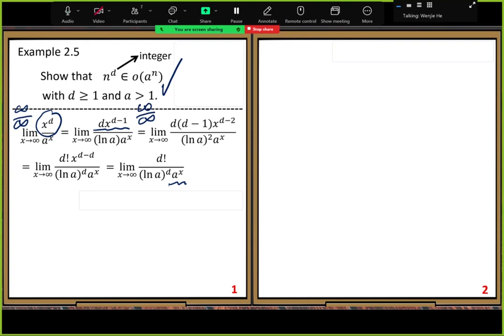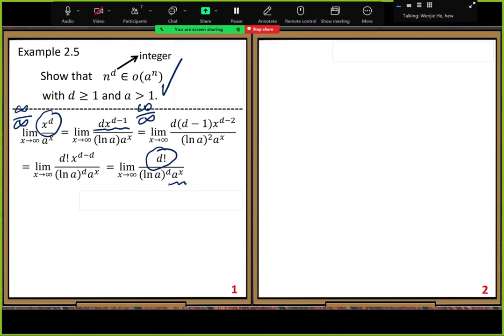But when we do that extension, there is a technical problem. Because when we apply L'Hopital's rule, at the end we need to do D factorial, integer factorial. For non-integer, factorial has the problem, right? For non-integer number, how do you define factorial?